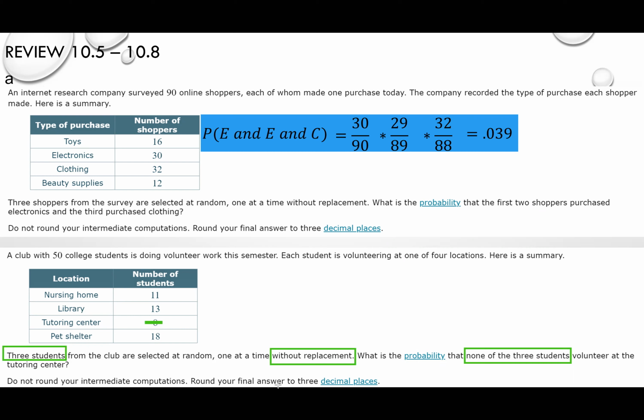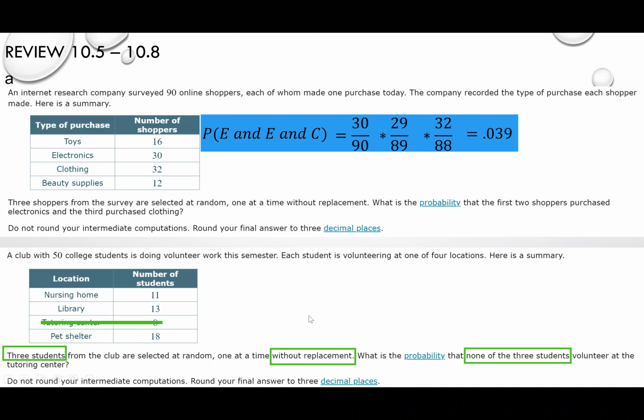Do you agree that the nursing home is not a tutor center, the library is not a tutor center, and the pet shelter is not a tutor center? So whoever is at the tutor center, I don't want that, because none of the 3 can be at the tutor center. We want to find the probability that none of the 3 is at the tutor center.